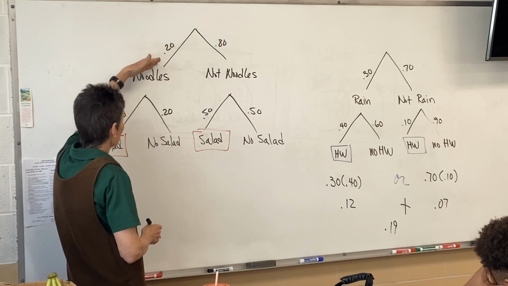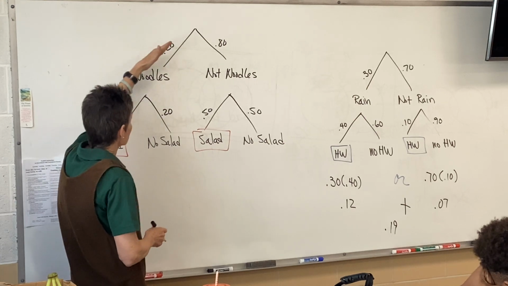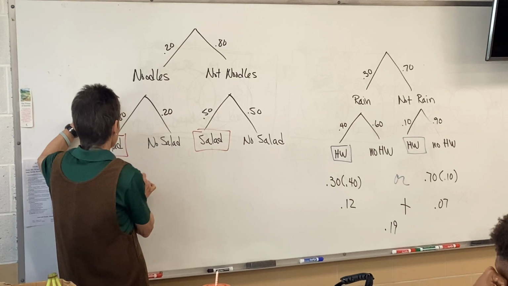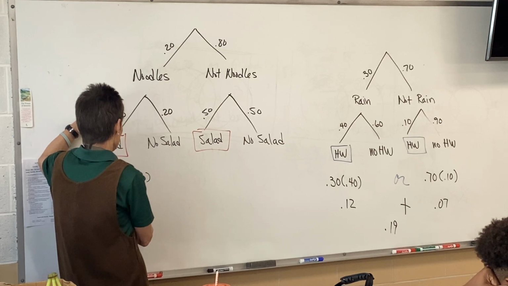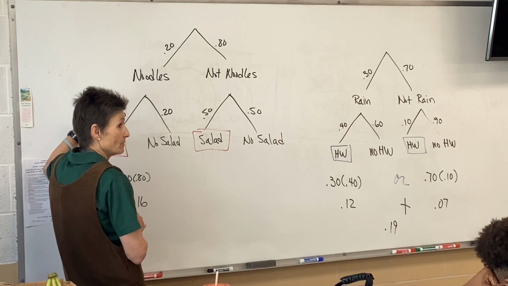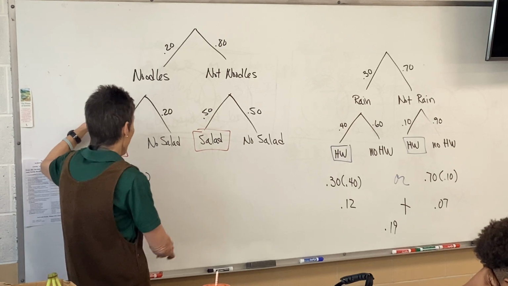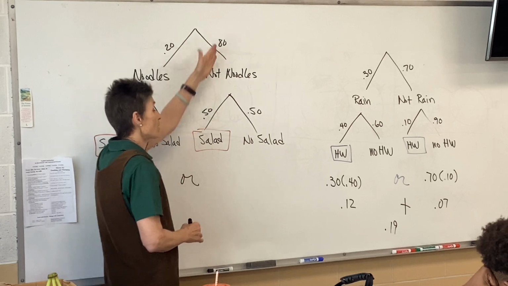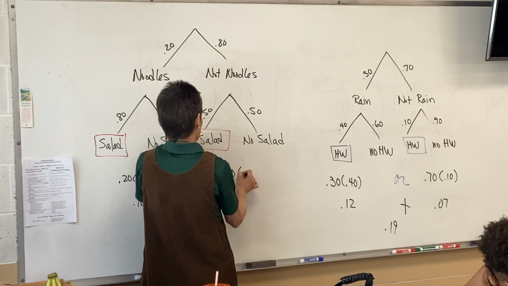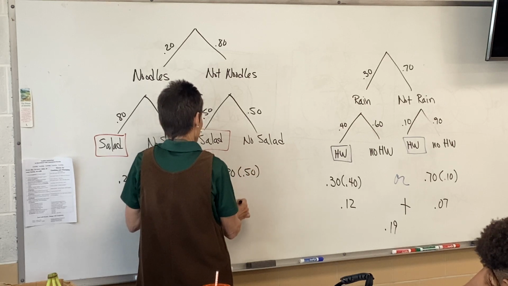So here we go. Remember, to get down here, you have to multiply this whole row. So you're going to take 0.20 times 0.80, which is 0.16. Use your calculator. Or we can come this way, which is 0.80 and 0.50, which is 0.40.